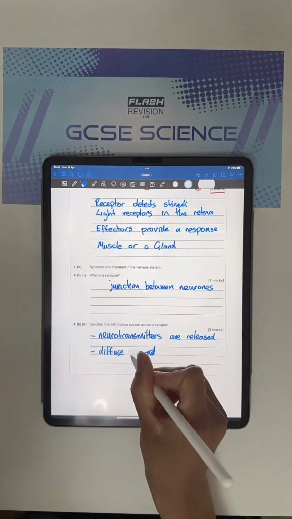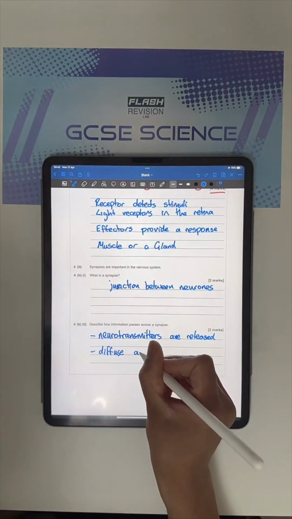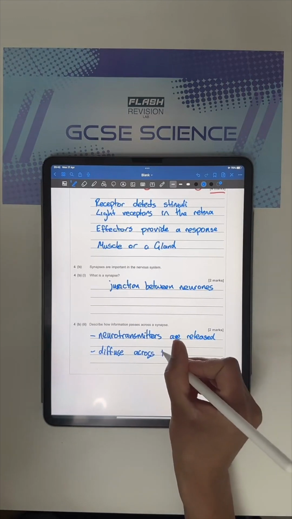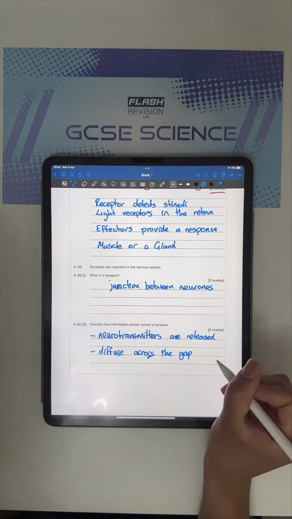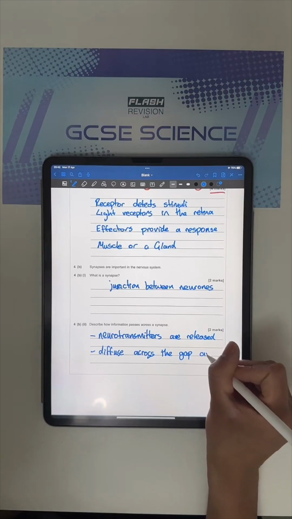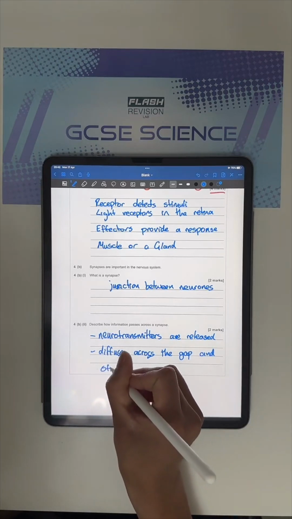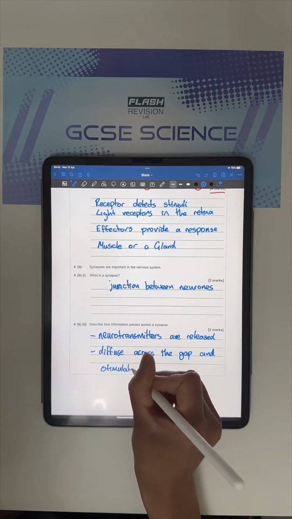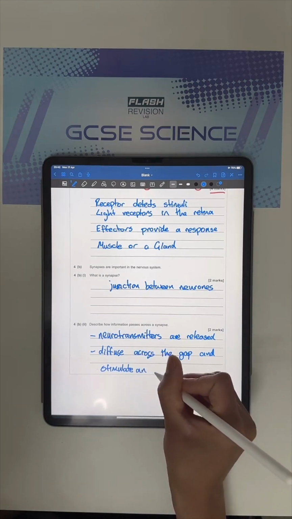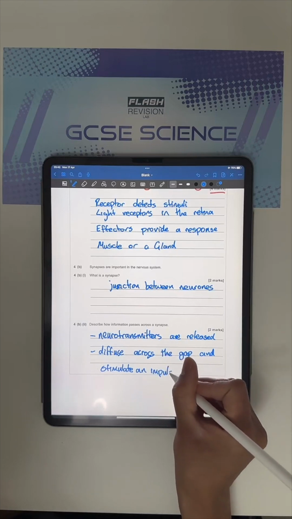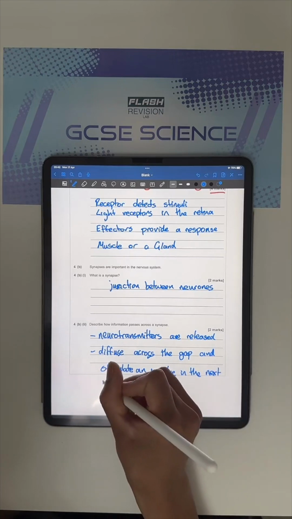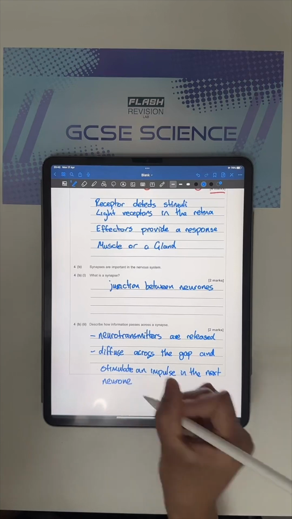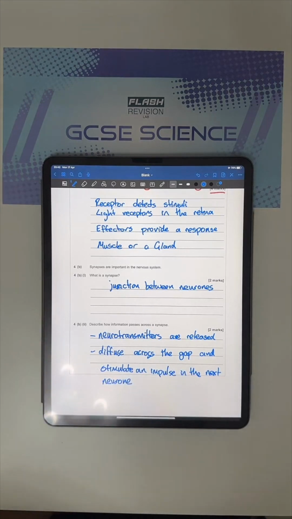Diffuse across. And for that one, to carry on, diffuse across the gap and stimulate an impulse in the next neuron. Well done, guys.